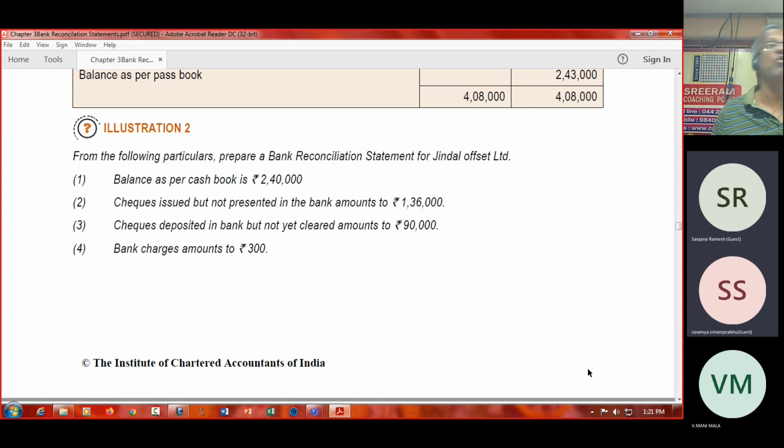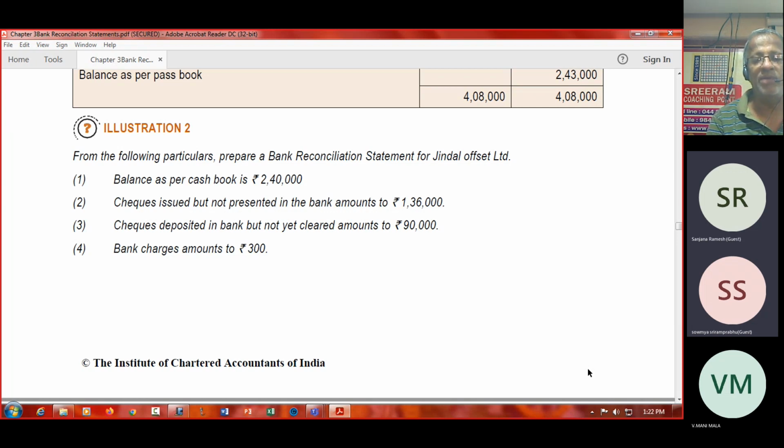There are only two sides, so please be clear. Credit side. So how do you call it? Unrepresented credit. Your starting balance is a debit balance. What should you do, add or deduct? Add.